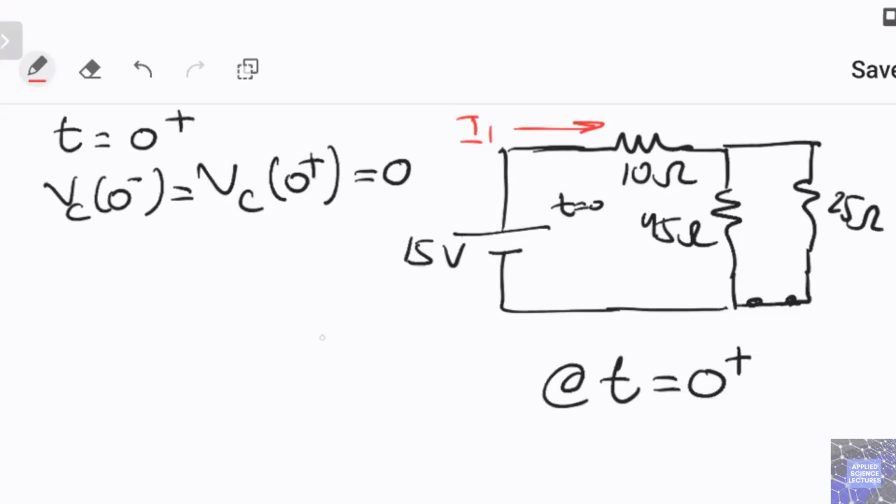In this case, I have 45 and 25 ohms connected in parallel.